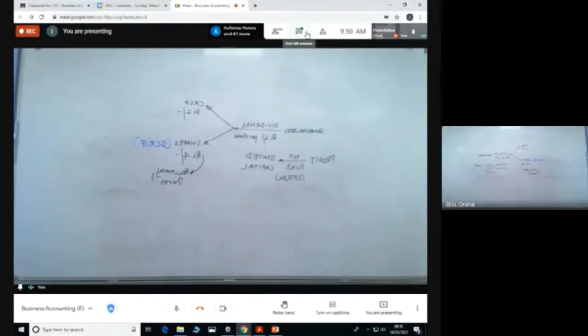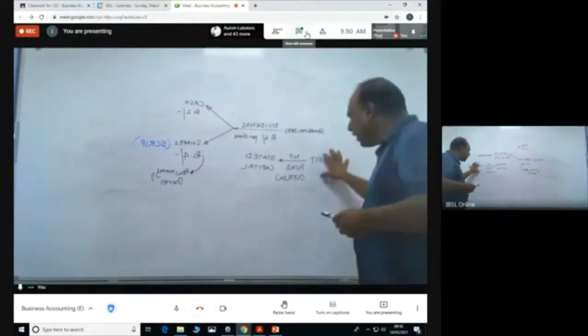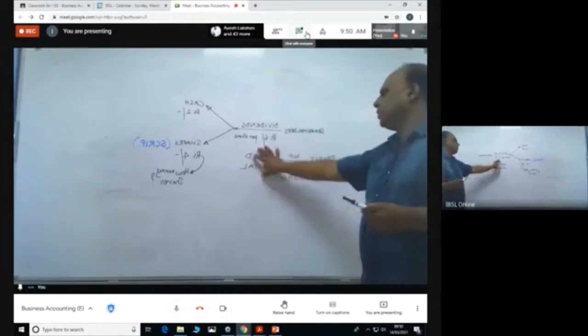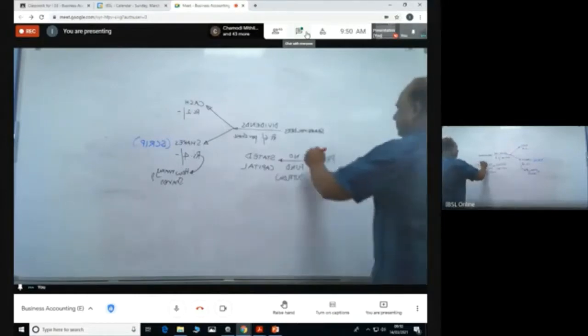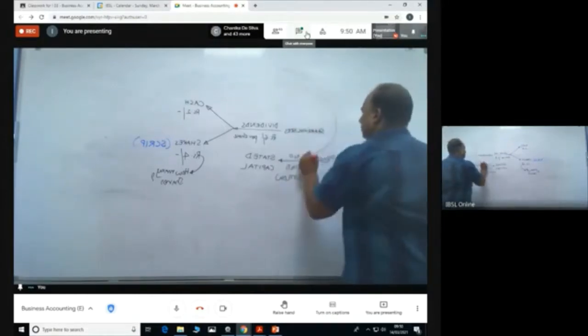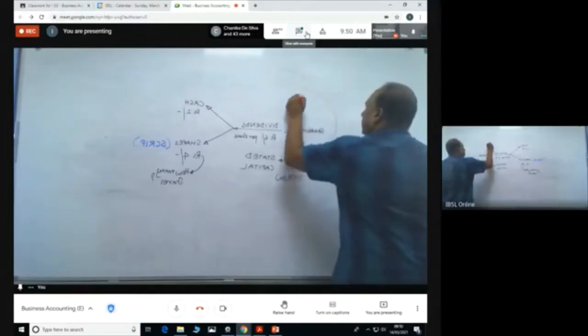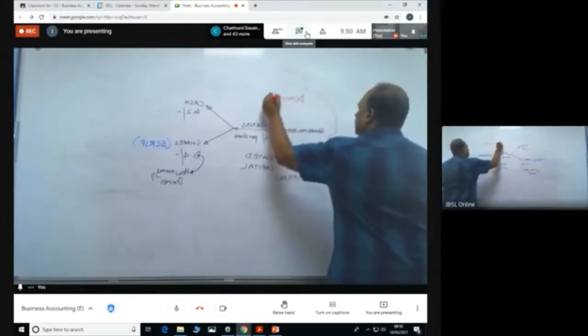Money is not going out. You just convert your profit into stated capital. This is what was previously known as bonus shares.